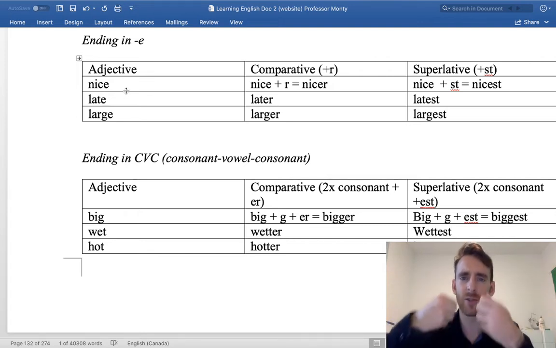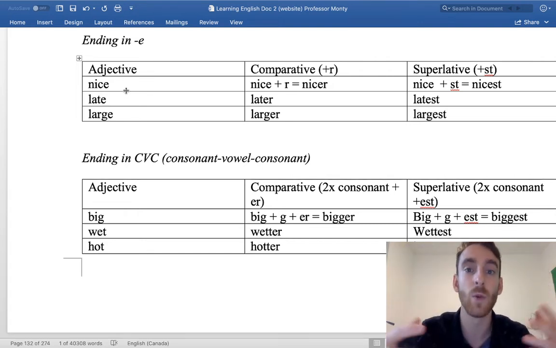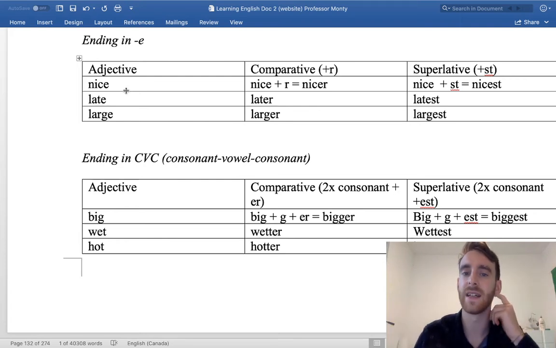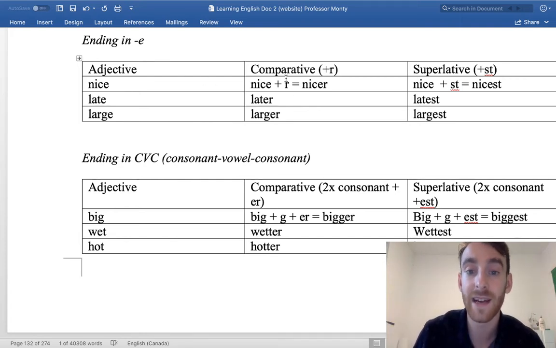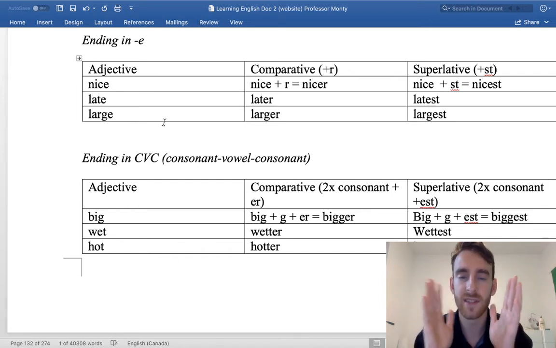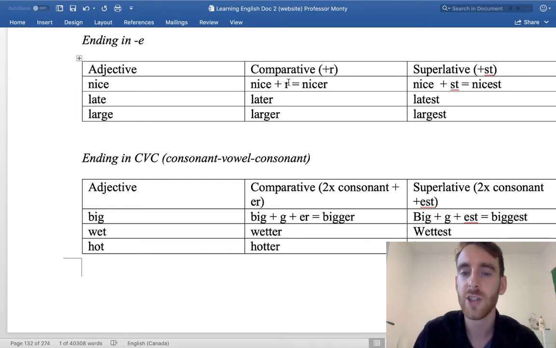The adjective describes it. We understand what it is more, okay? The comparative for something that ends in E and it's still one syllable, nice, just add R. So he is nicer than she is. For the superlative, add st. She is the nicest girl in town.